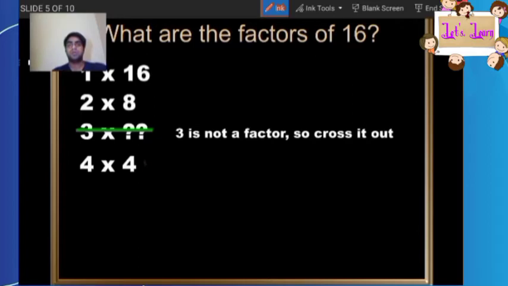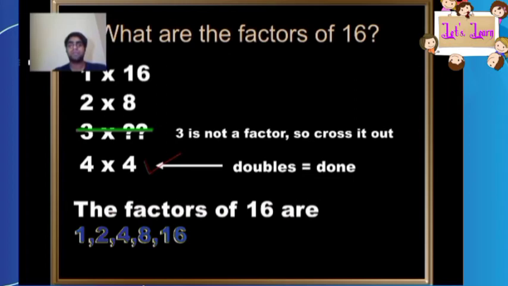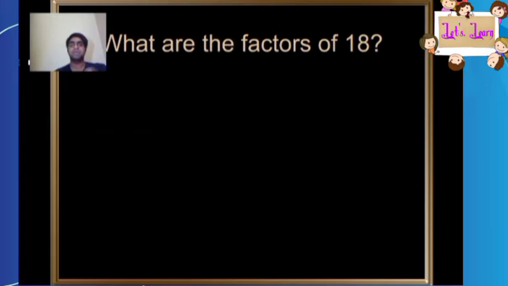Here we have 4 into 4, which is a repetition. When there is a repeat, stop. We are done. So the factors are 1, 2, 4, 8 and 16. These are the factors of 16.